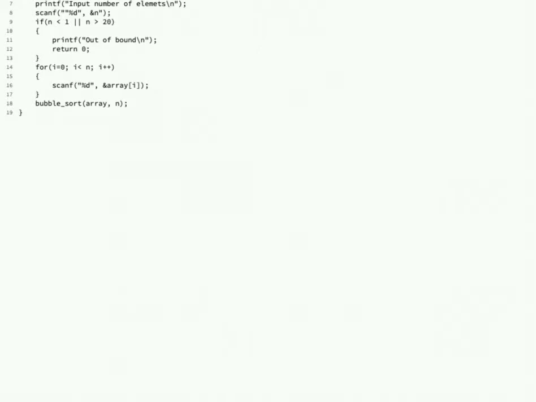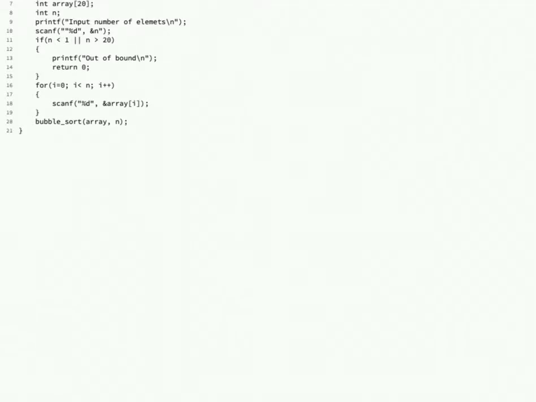Now we'll go back and write the function. Oh, before that, I forgot to include the header file. Include stdio.h. Void bubble sort.